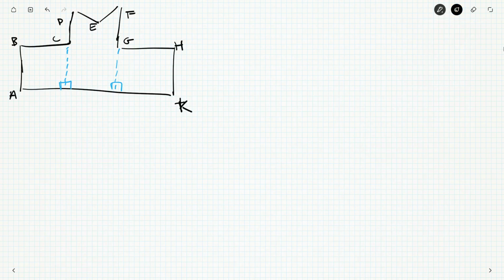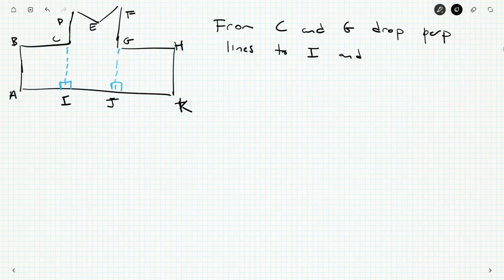So let's explain where these come from. We'll call them I and J. From C and G, drop perpendicular lines to I and J on the length AK. Okay.